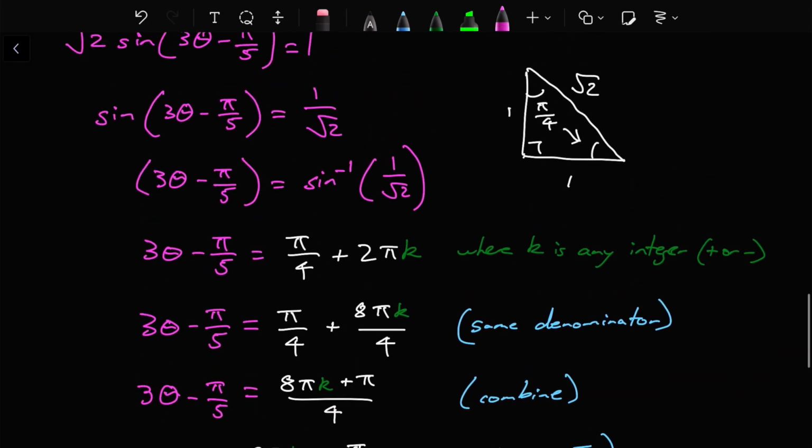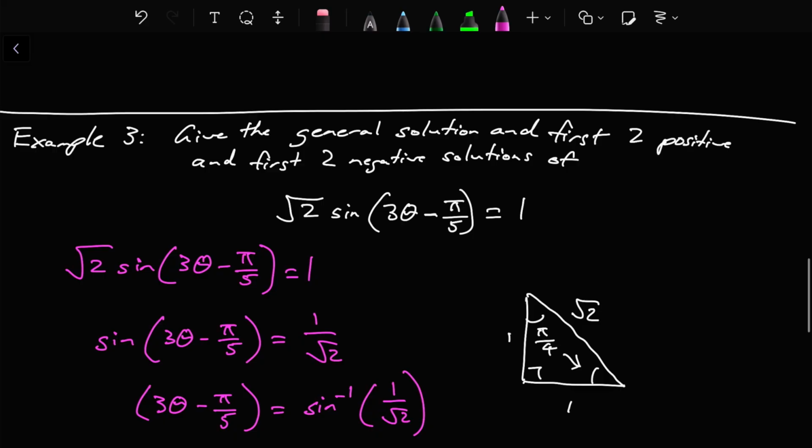So we wanted the first 2 positive and first 2 negative.